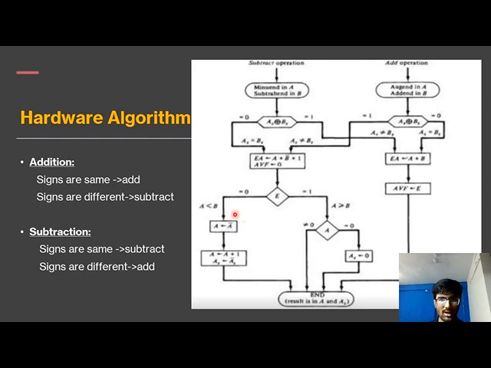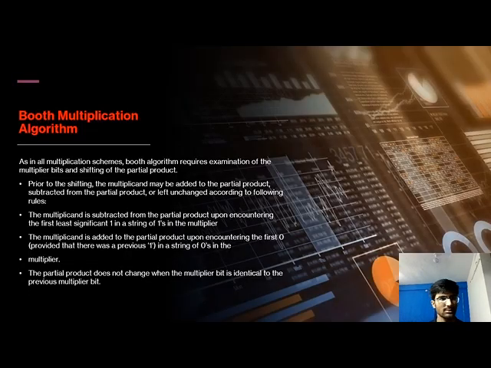And if A is less than B, then A complement is stored to A, and A will be incremented, and AS complement will be stored in AS, and then the result is in A and AS.